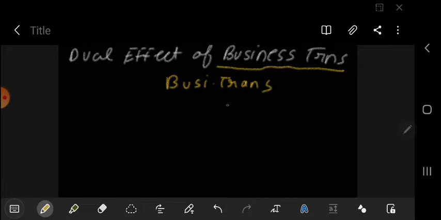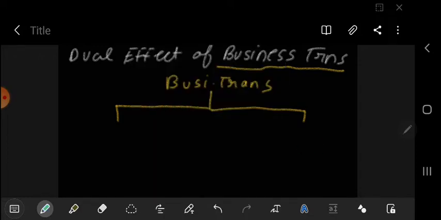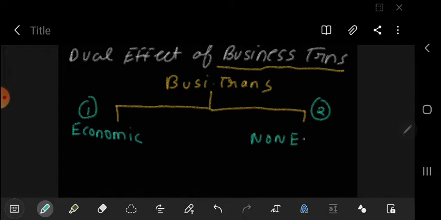Business transactions are divided into two branches. Number one is economic transaction. Number two, non-economic transactions.